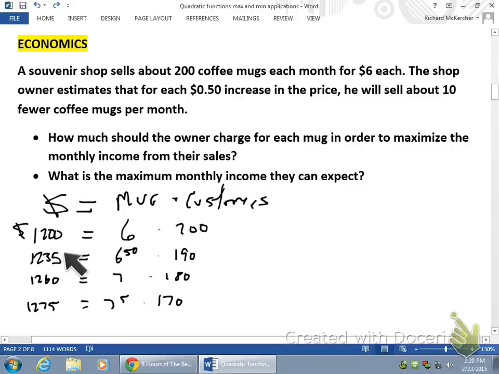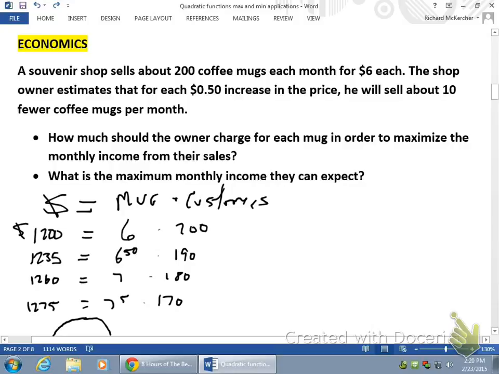At first it jumped up $35, but then it only jumped up $25, and now it only jumped up $15. So the amount of money he's making is getting less and less. It's getting more money, a little bit less, a little bit less, a little bit less. And I'm expecting it to reach a peak. And that's why it's quadratic, because it will reach a peak and then come back down.